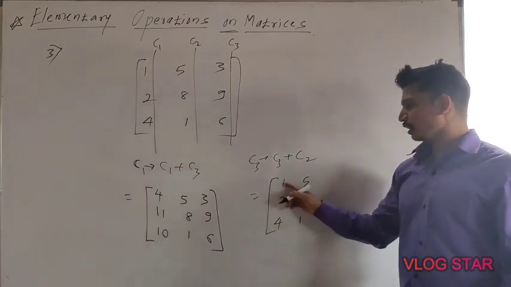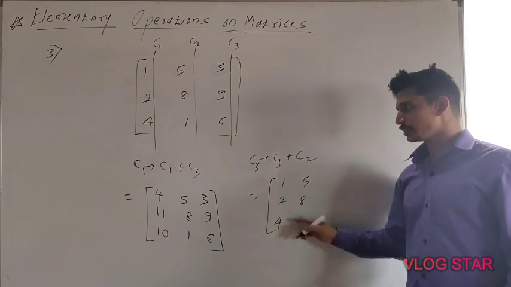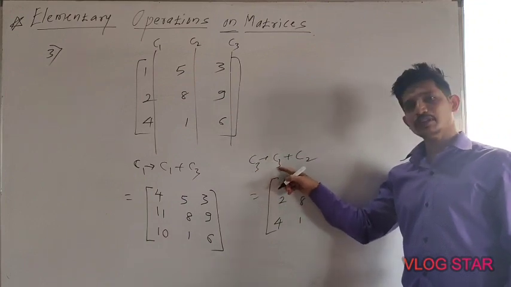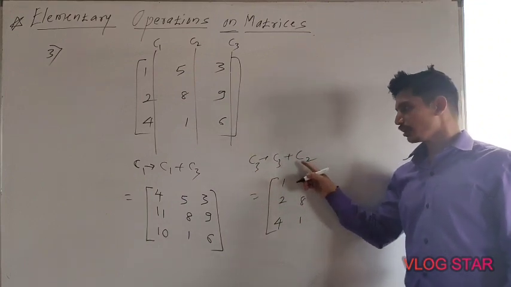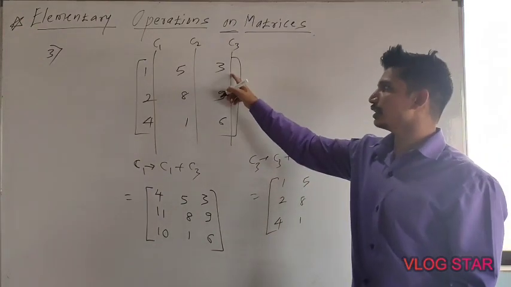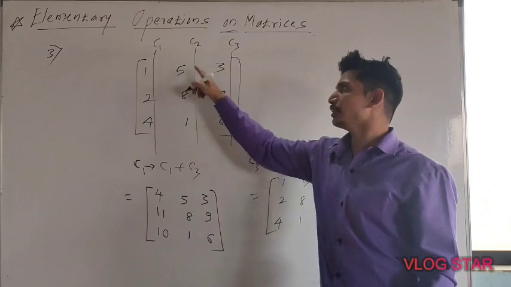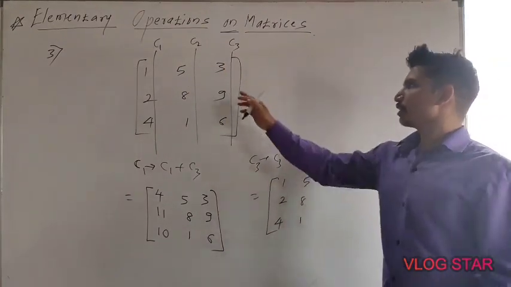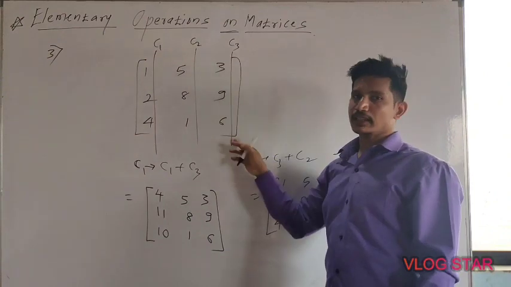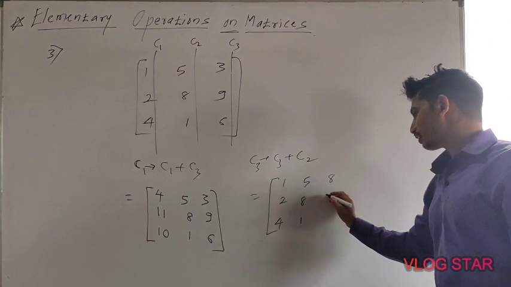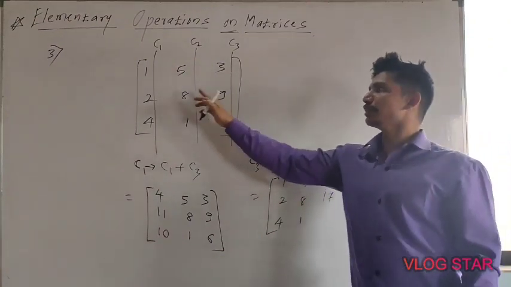So here column 1 and column 2 are as they are. Column 3 I am changing. How? Column 3 plus column number 2. Column 3 plus column number 2 is what then? The first element: 3 plus 5, 8. I am adding to column number 3. 9 plus 8, 17.